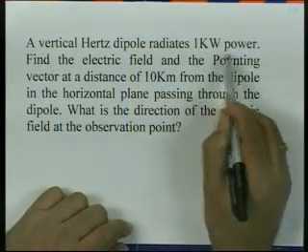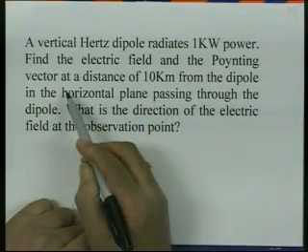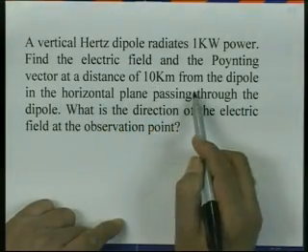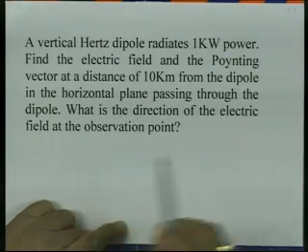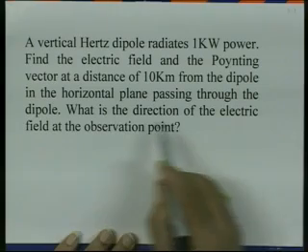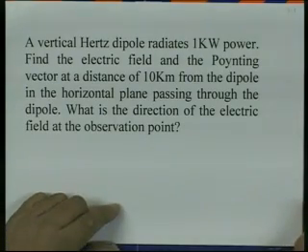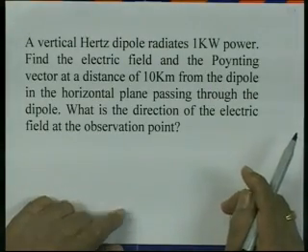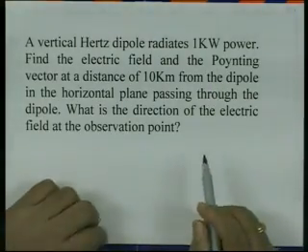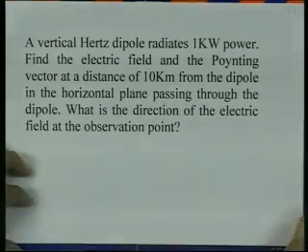A vertical Hertz dipole radiates 1 kilowatt of power. Find the electric field and the Poynting vector at a distance of 10 kilometer from the dipole in the horizontal plane passing through the dipole. What is the direction of the electric field at the observation point? So, in this case, the total power which is radiated by the dipole is given and we have to find out the electric field at a distance of 10 kilometer.